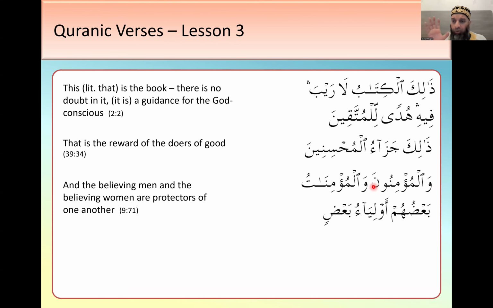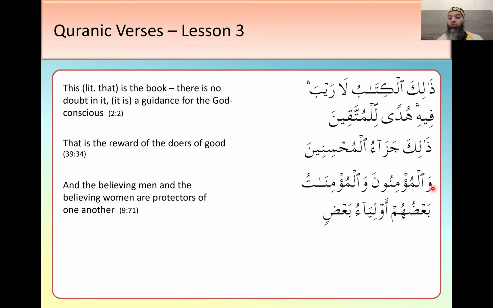Now, if it was just wal mu'minuna by itself, you may be able to say it's including women too, because mu'minuna can be general for men and women. But here we see wal mu'minatu is mentioned afterwards, and it's the women only here. So when we know this is women only, we know this one must be the men only, because the women have been called out separately here.